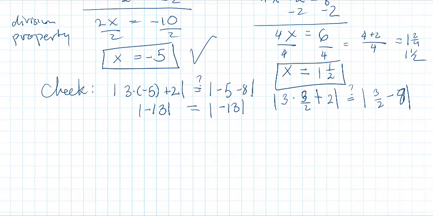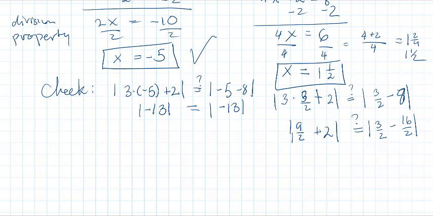Okay. So in halves, right, 3 times 3 is 9, plus 2 equals, question mark, 3/2 minus 8.